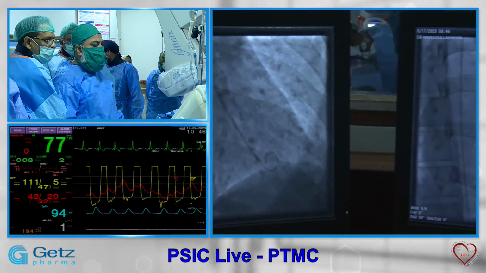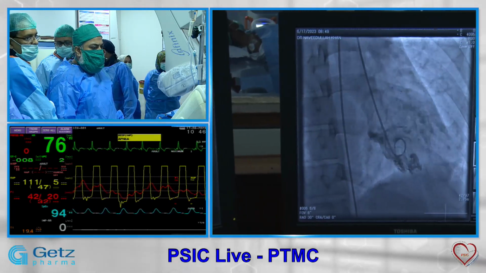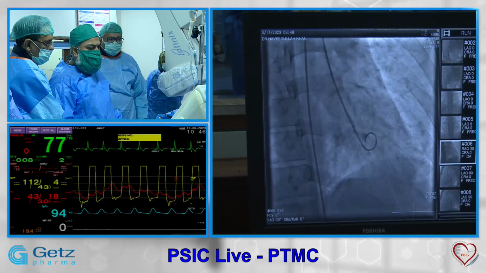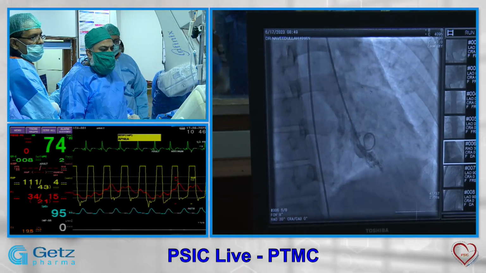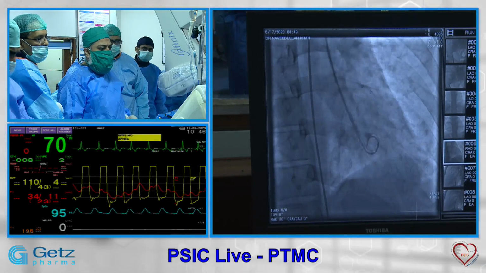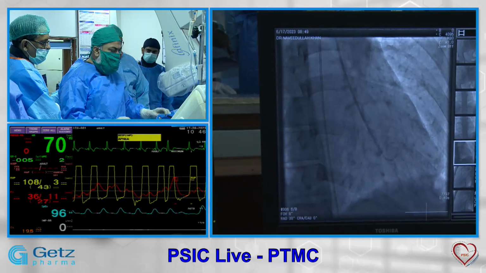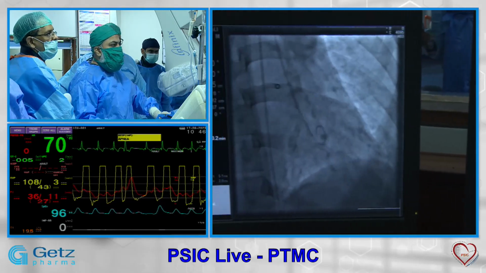So we can see the nice gradient between the two. The EDP is around 5, the mean pressure is around 20. So you have got more than 15 gradient. So we pull back.